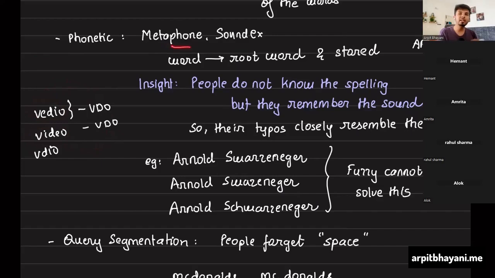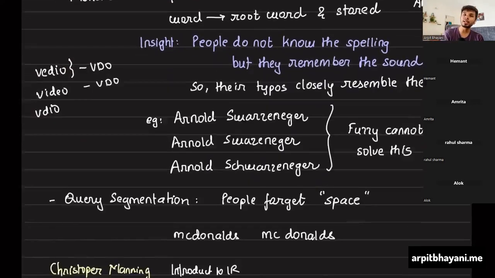So what we do is when we index data in Elasticsearch, we take all the data, we extract keywords out of it. Those keywords are converted to Metaphone's root word, and we also store these root words internally. Right? So for each document, we have the raw form, we have the processed form, we have phonetics, and everything in that one huge document on which we then match. Now, what does this help us with?